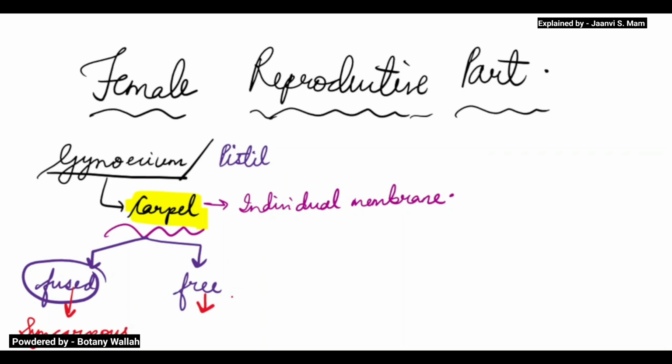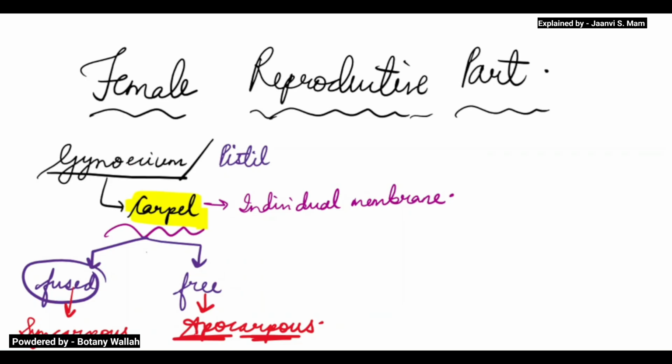And if it is free, then we say apocarpous condition. Apo means free and carpus means carpel. Carpel is the unit of gynoecium.